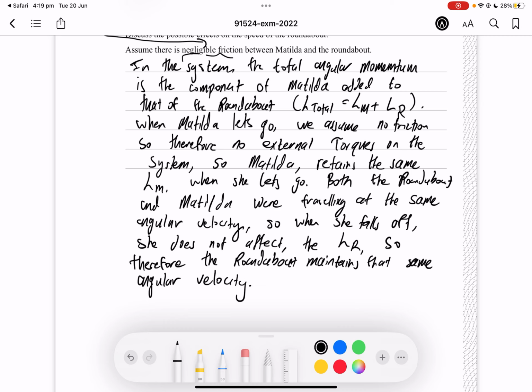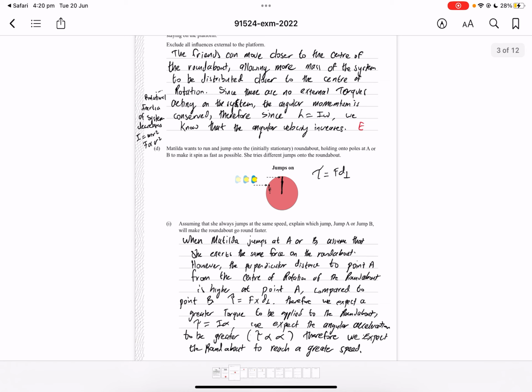Okay, and that's about all we need to really be saying for this question. So looking at both of these parts combined will get you an excellence grade. So what you really need to be saying, for part I, you need to mention that assuming that applied force is the same, so basically assuming that Matilda traveling at the same speed applies the same force on the roundabout, the perpendicular distance to the center of rotation is larger at A. So remember, we're talking about the perpendicular distance, which will exert a greater torque on the roundabout.